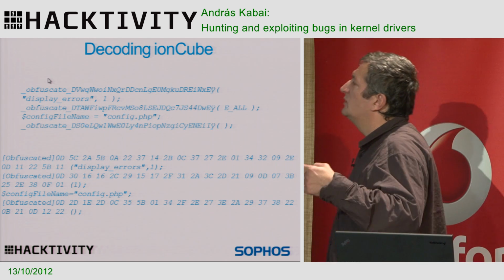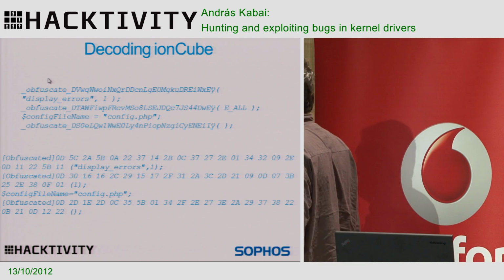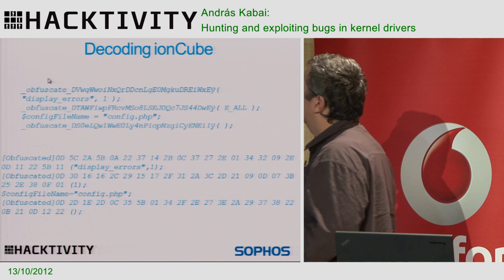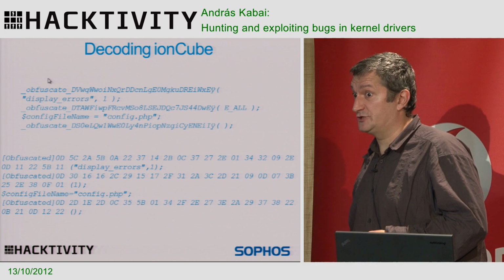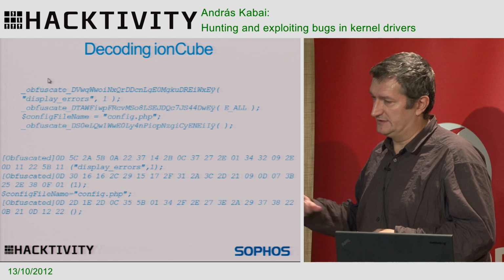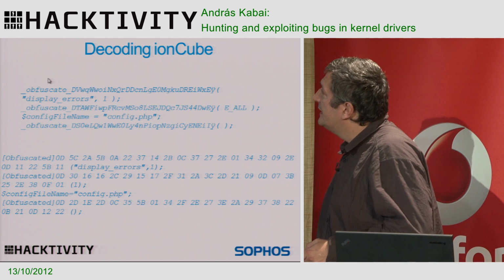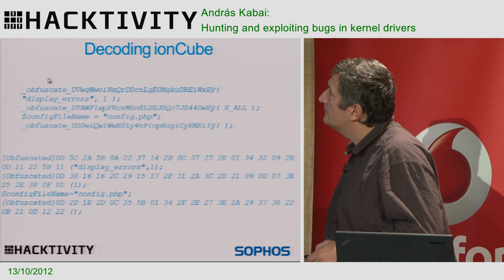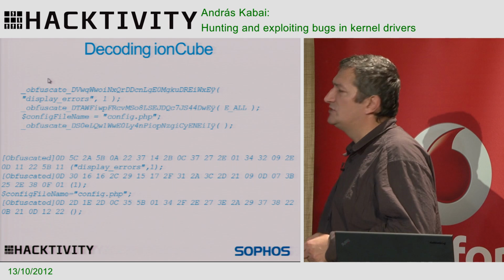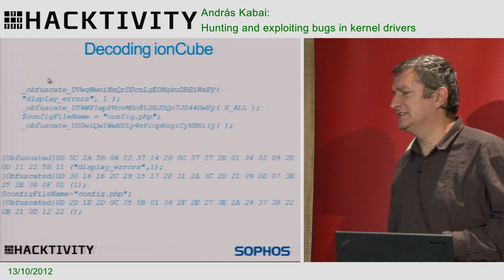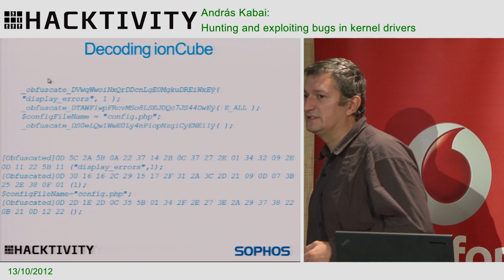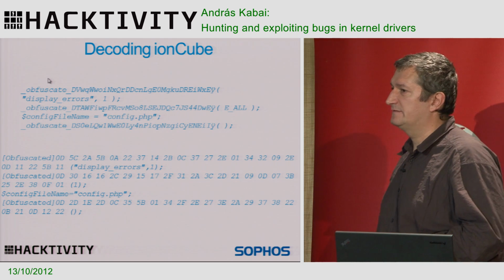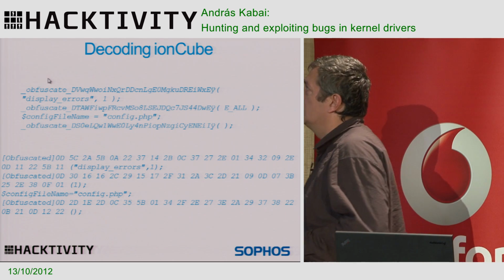So if you don't know the original password, you cannot possibly get back the function names that started the whole process. I made about 5 to 50 tries to guess the password that was used for obfuscating the function names, but it was unsuccessful.